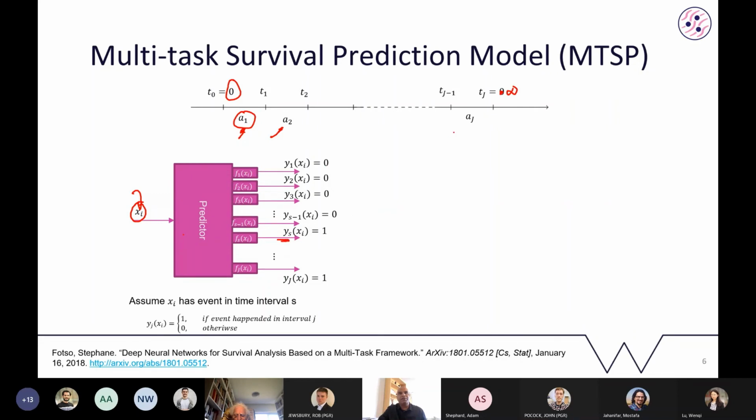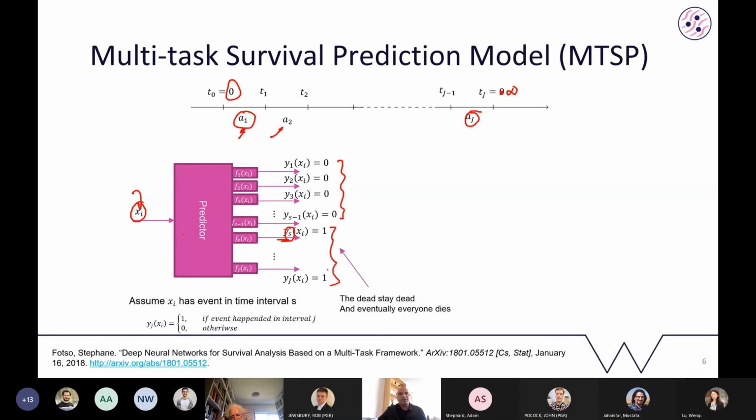So let's say if you have a total of J intervals, you would have J outputs in your model. And if this individual dies at interval s, then what we would like is for the model to produce zeros for all outputs before that particular time s, and 1 after that.